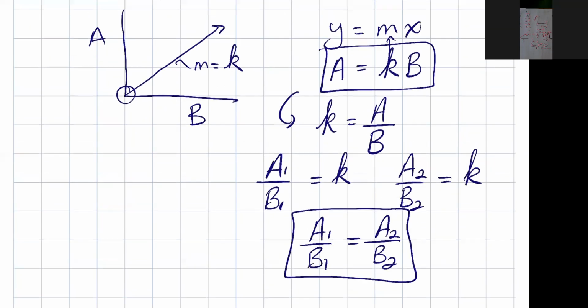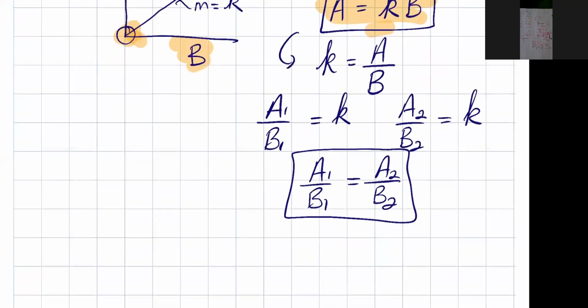So you want to think about 3 things here with direct proportions. Number 1, a graph of A versus B will always be a linear graph going through the origin if you have a direct proportion. Secondly, because that graph is linear, you get an equation that A is equal to KB. And finally, you can rearrange that equation and use logic to derive the idea that A1 divided by B1 equals A2 divided by B2 in a direct proportion.